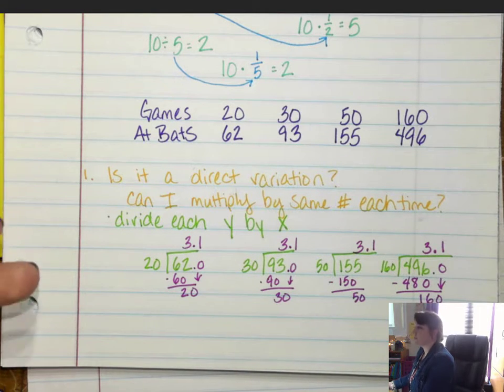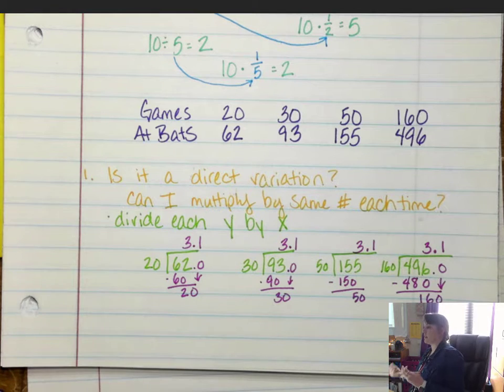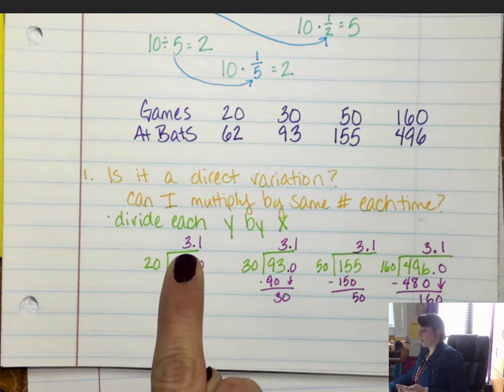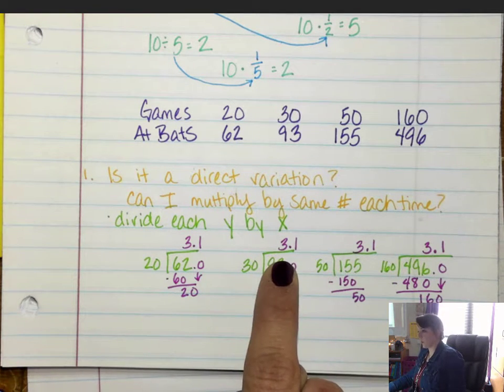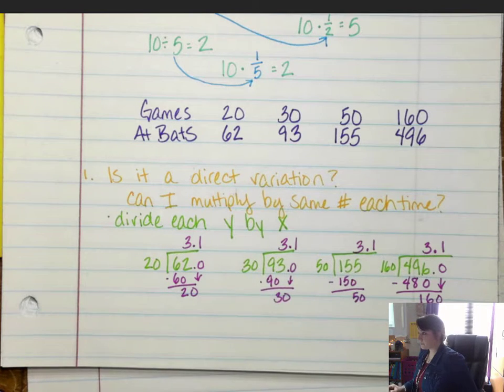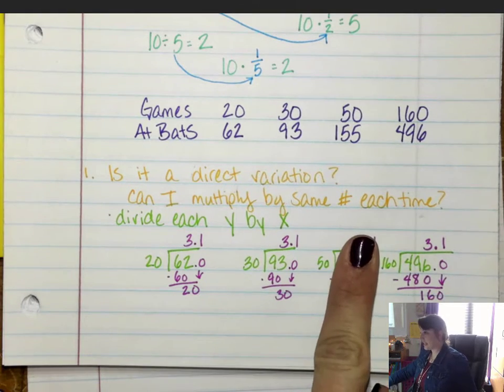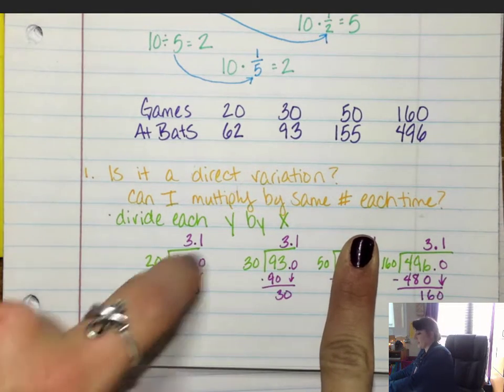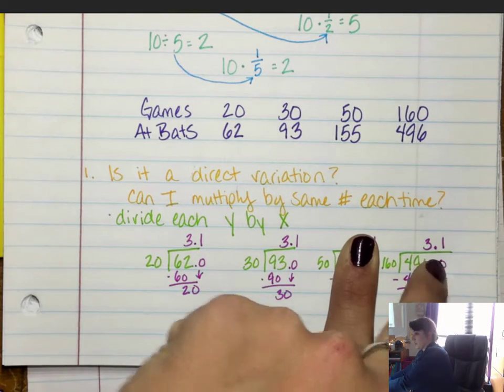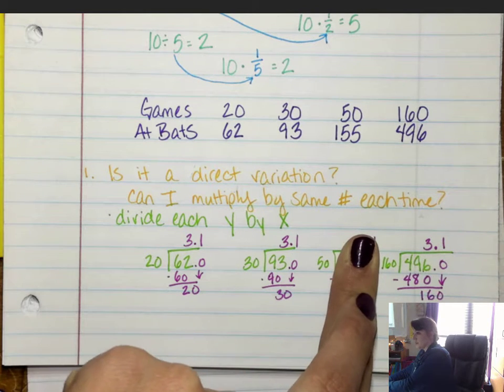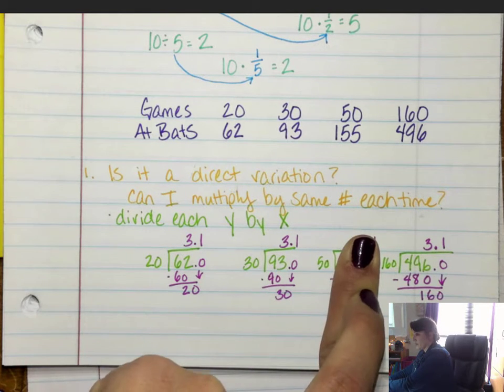The math shouldn't be too difficult because if this is 3.1 and this is not coming out to 3.1, then you can stop. You don't have to keep going. Once you hit one that doesn't work, you can stop. But you do have to check every single one, because if this one isn't 3.1, but this one is, and this one is, if this one broke the pattern, it's not a direct variation.